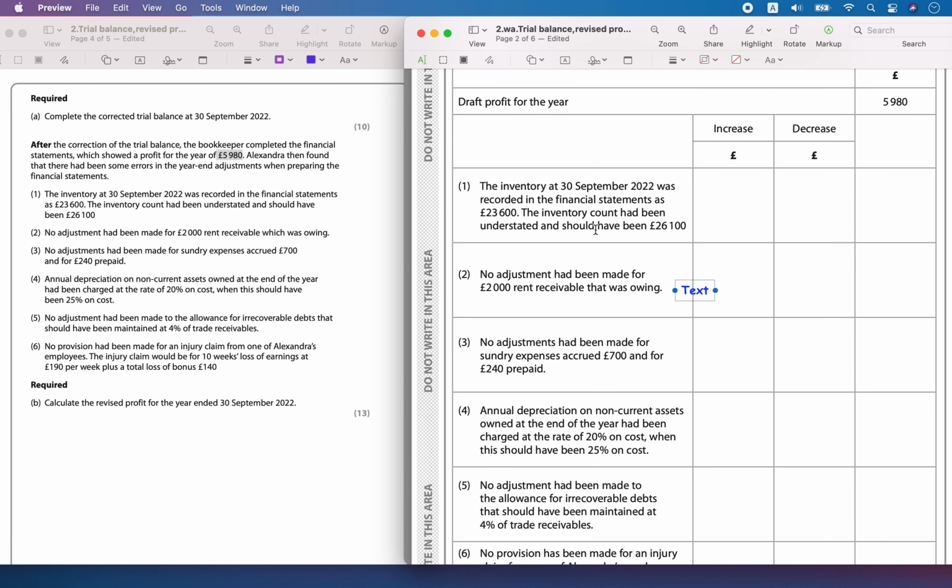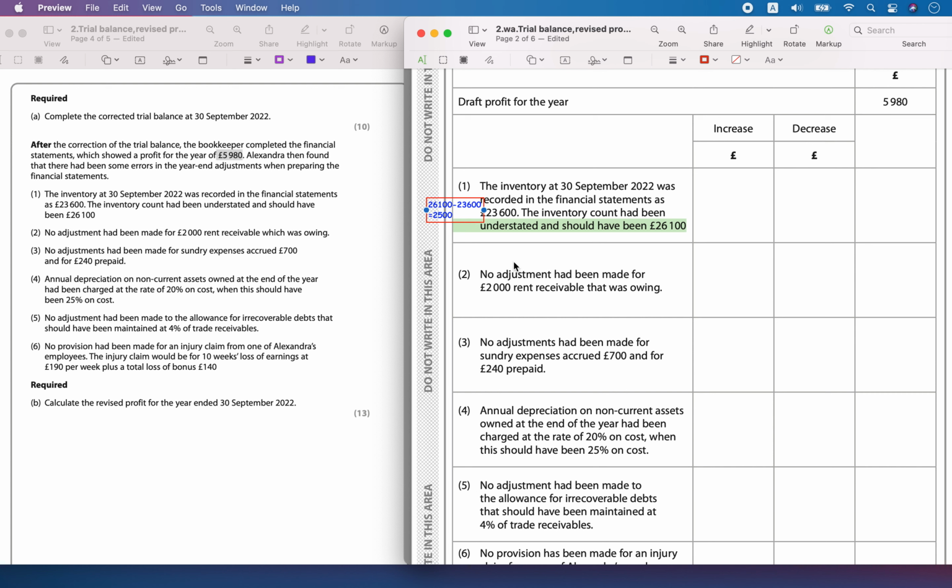So the inventory was understated. The difference in inventory, 26,100 minus 23,600, is equal to 2,500.